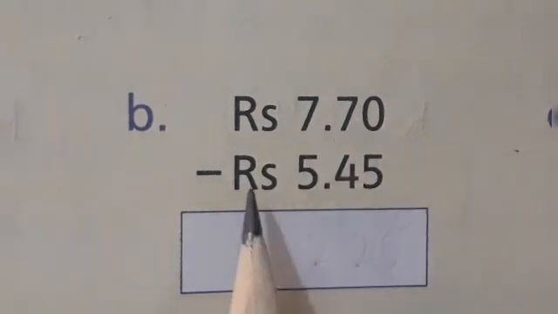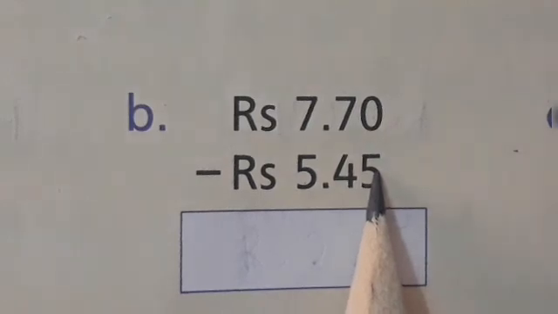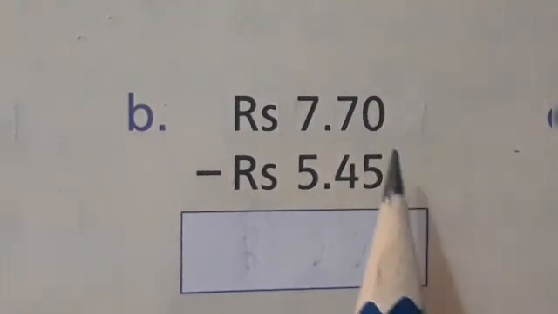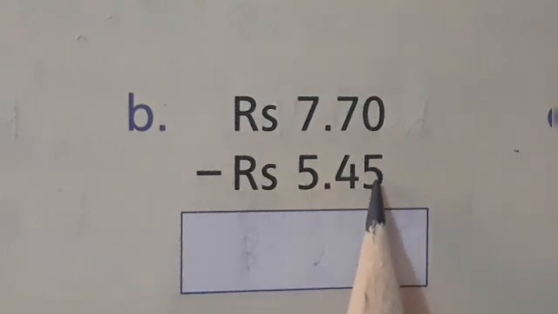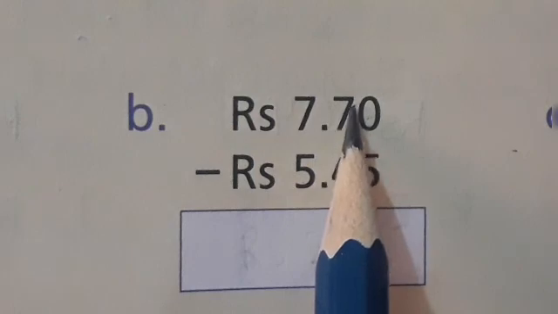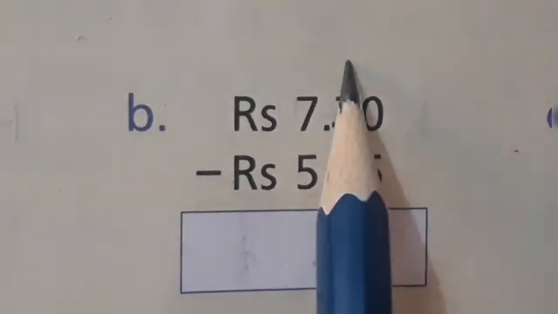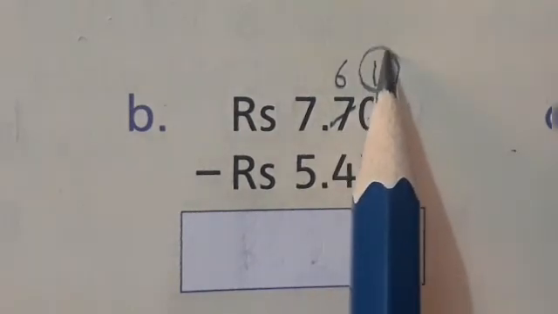So next question, rupees 7.70 minus rupees 5.45. So 0 minus 5, we cannot subtract from 0 because 0 is a very small digit, has no value, and we cannot subtract 5 out of 0. So we will take carry from left side number, so it will leave 6 and it will become 10. First of all, arrange the numbers.